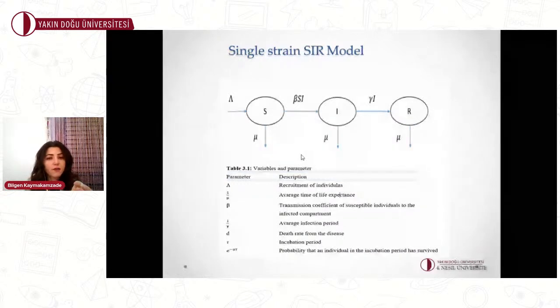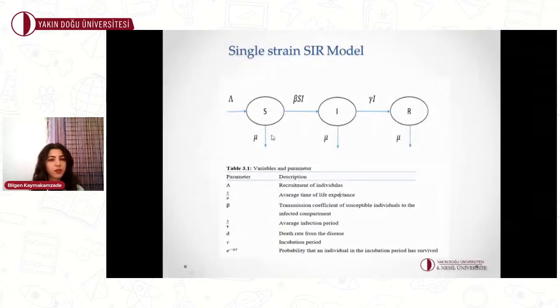And here we have some parameters: lambda is the recruitment rate, mu is the natural death rate, and beta is the transmission coefficient from S to I, and gamma is the transmission coefficient from infected to recovery.